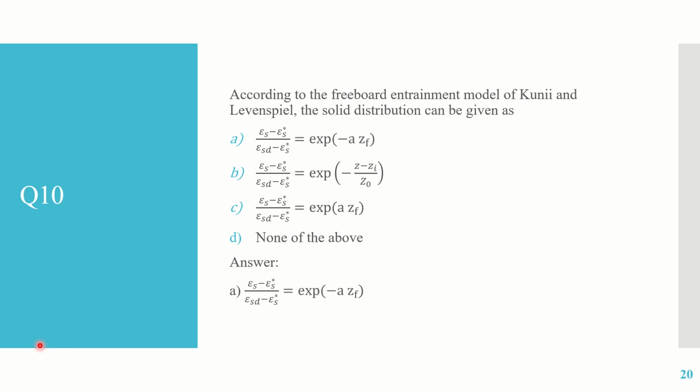So three distinct phases are observed in the freeboard region according to the assumption made by Cooney and Levenspiel for their freeboard entrainment model. The second assumption is that at any level inside the freeboard, the rate of removal of fines from the agglomerates, for example, when the agglomerate is moving upward, the fines from that agglomerate move into the dispersed phase which is carried by the gas stream.